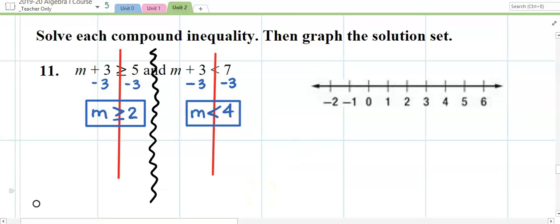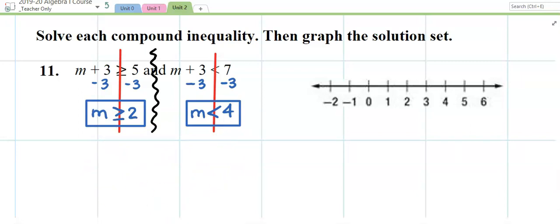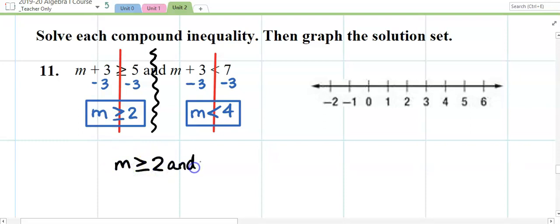So to write my answer, I could put them together with the word and. I would say m is greater than or equal to 2 and m is less than 4.